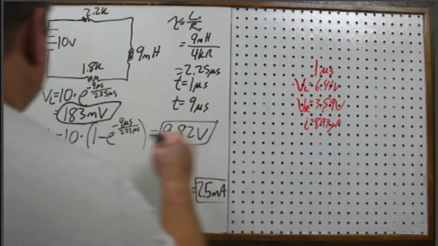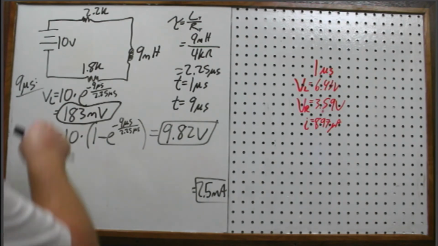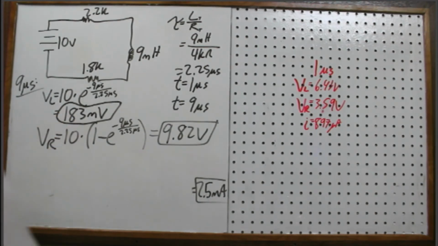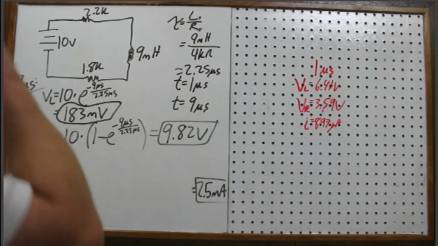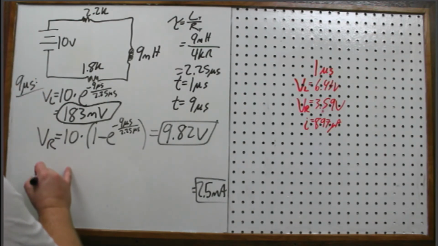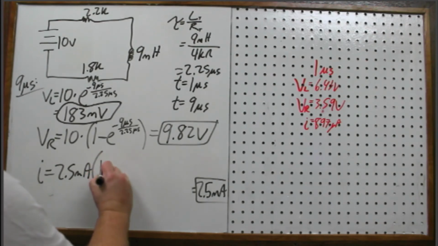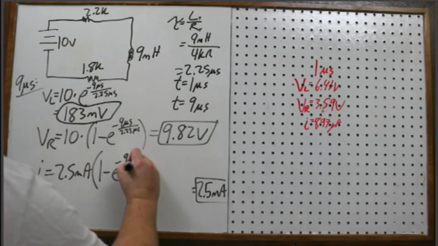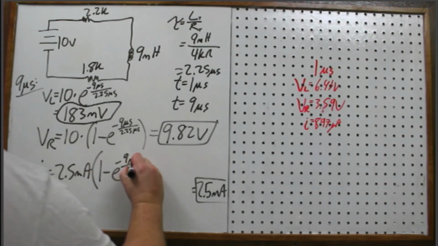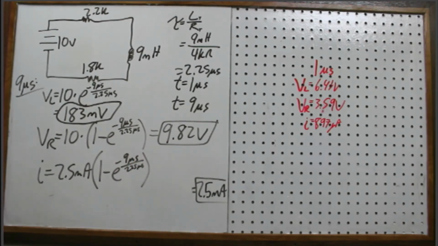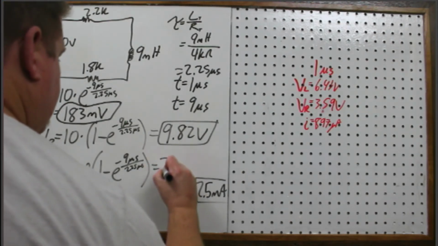Now, does that make sense? That looks like it. About 0.18 volts plus 9.82 volts gives you 10. Now the current, still 2.5 milli, times the growth part, negative 9 micro over 2.25 micro. And there we get 2.45, so almost there.